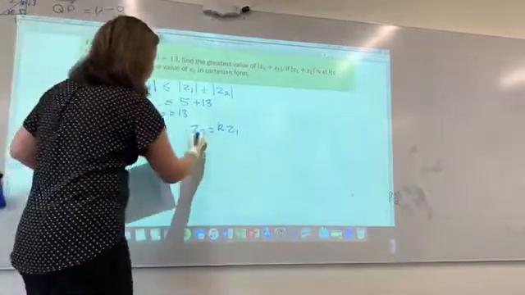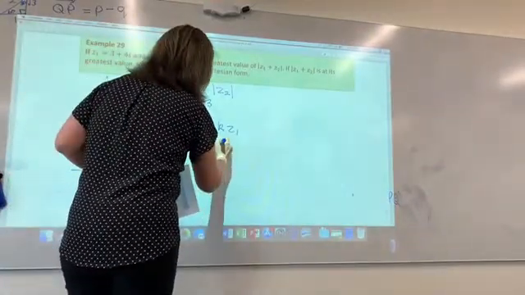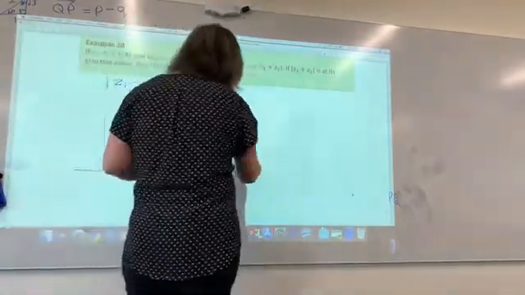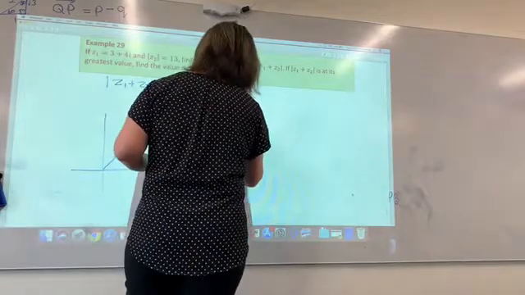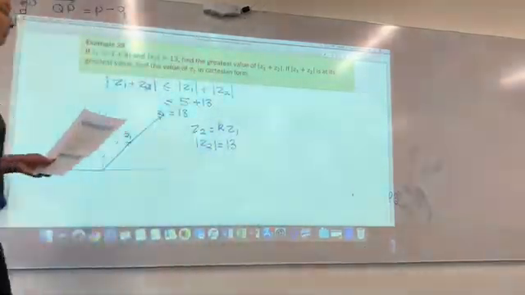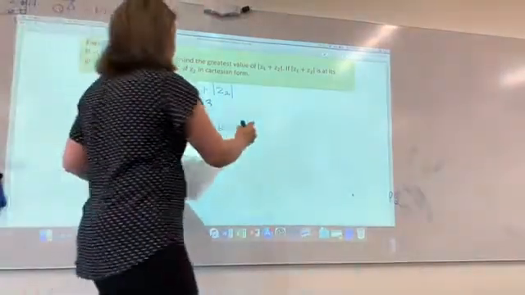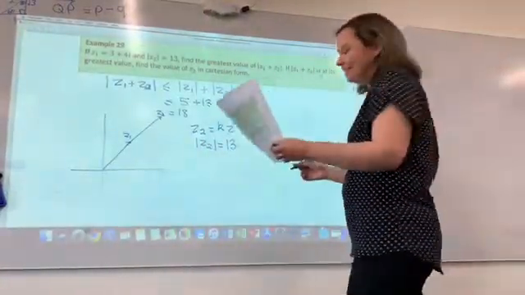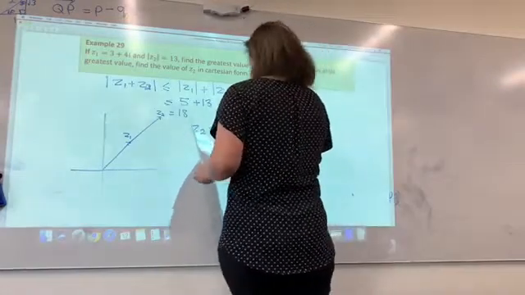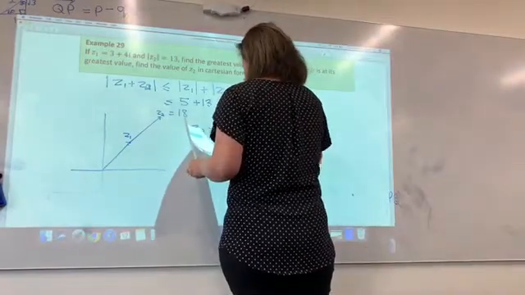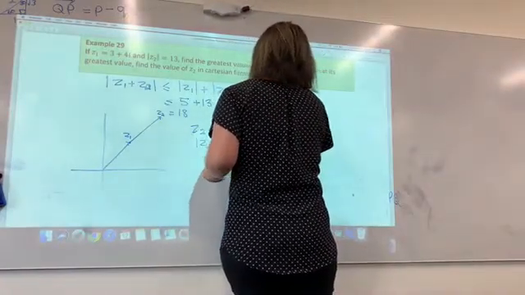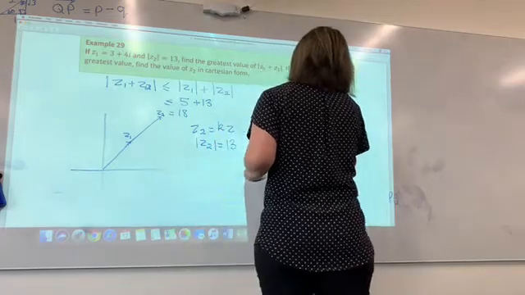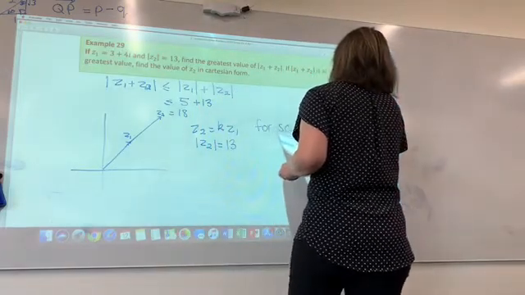But we already know that the modulus of Z2 is equal to 13. Miss, what's K? Just a constant. Where's the constant? I made it up. Okay, well, I have written here, obtained for some positive K. I didn't make it up.